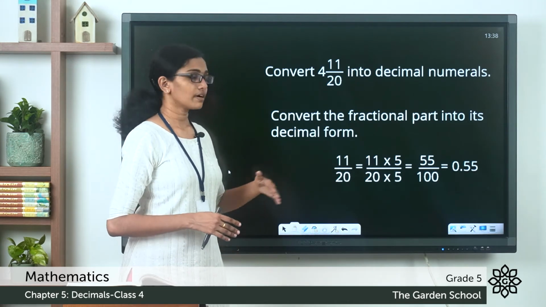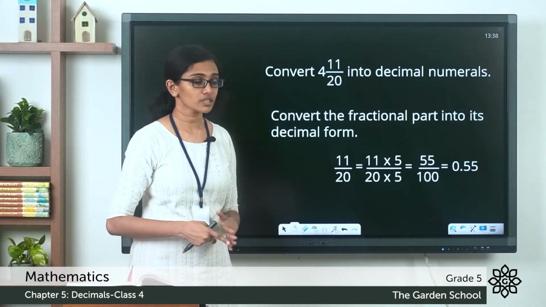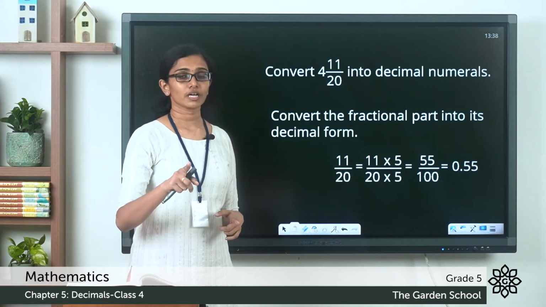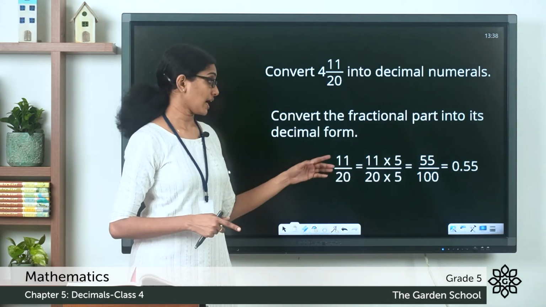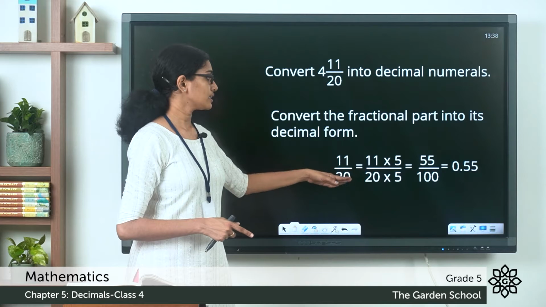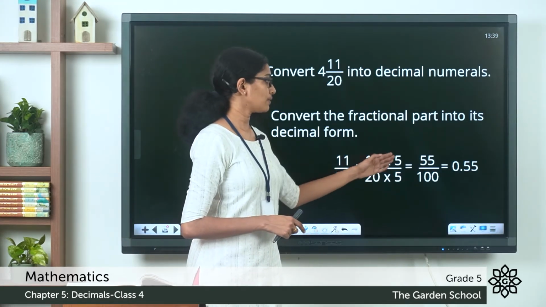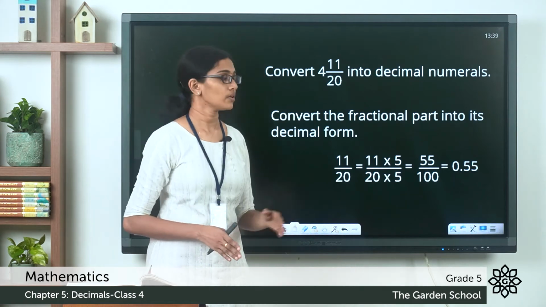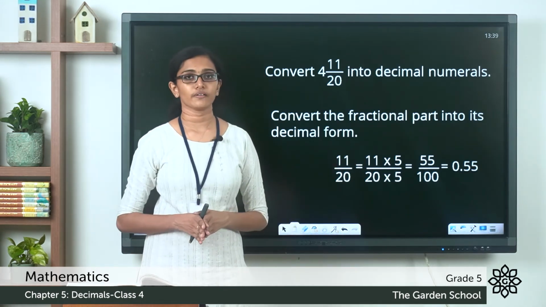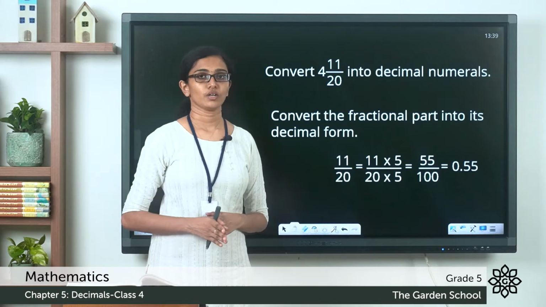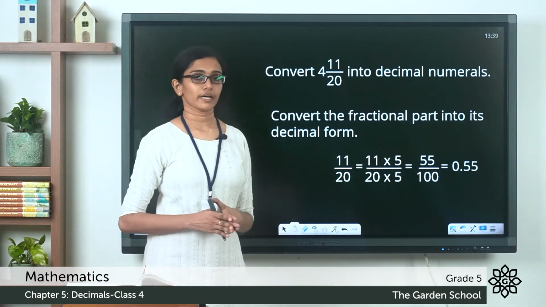So let's convert 11 by 20 to an equivalent fraction so that the denominator becomes a multiple of 10. We have 11 into 5 by 20 into 5, which is equal to 11 into 5 is equal to 55 by 20 into 5 is equal to 100. So now we have 55 by 100.